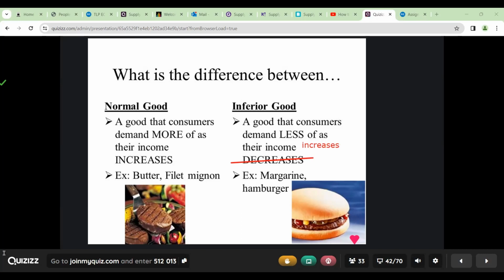So can you think of any examples? Maybe processed food.